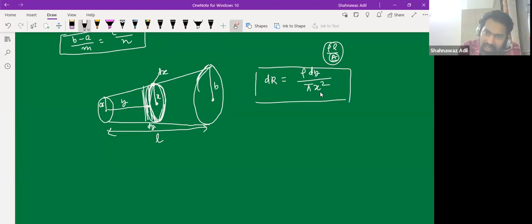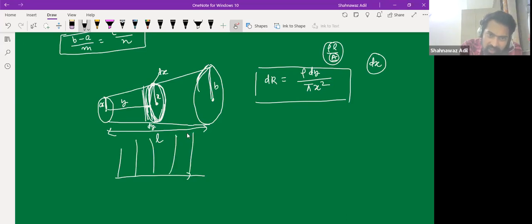The function is x, and this x is going from A to B. So now I have to change this dy to x, because the function should be dx. This wire is increasing in this length, and it is also increasing in this length. So now I have to relate this y with x.